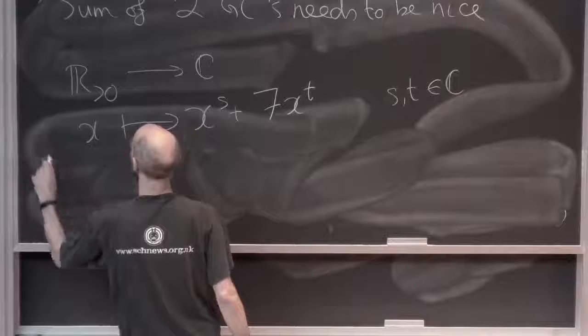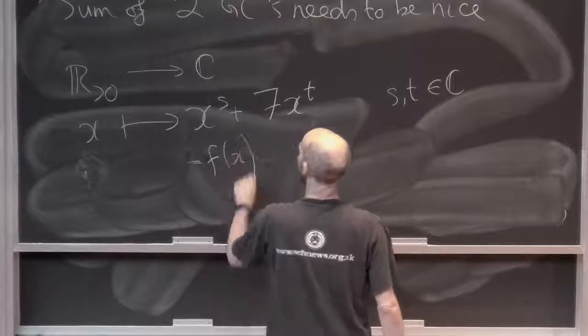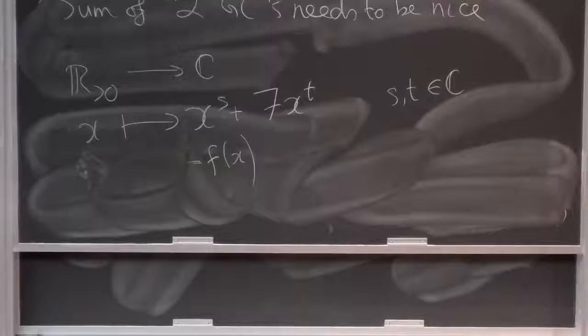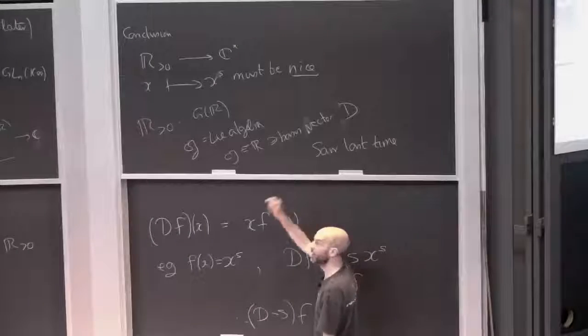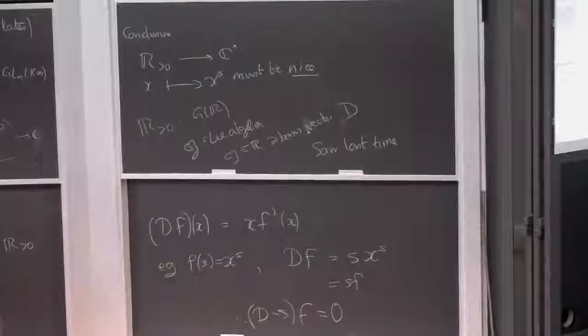Is this nice? So that's f of x. Well, all I've got is this one differential operator. And if you think about it abstractly, if all the differential operators I'm allowed to have are going to come from this Lie algebra construction, then because this Lie algebra is one-dimensional, that's all the differential operators I'm ever going to get. So I'm stuck with this.